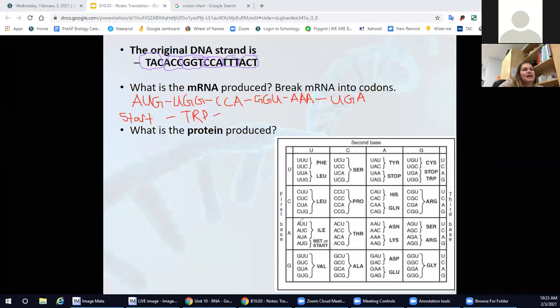Then I have CCA, so C, I'm in this row. Second letter is C, I'm in this box. Last letter is A, so I'm pro. Next, I have a G. So I'm in this one. Then I have another G. Then I have a U, so that's gly.